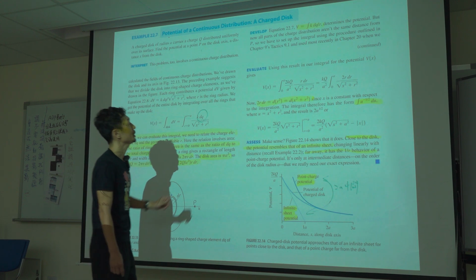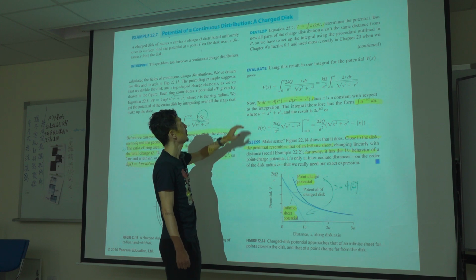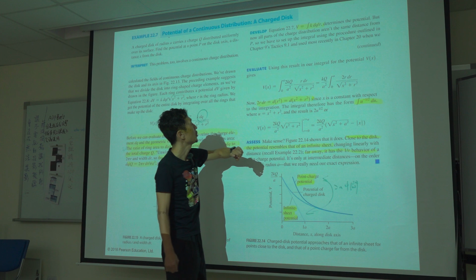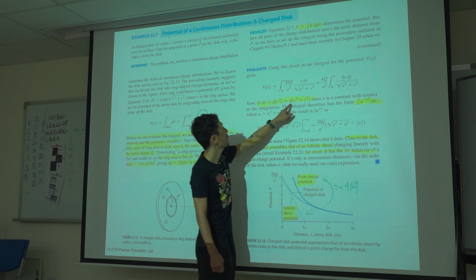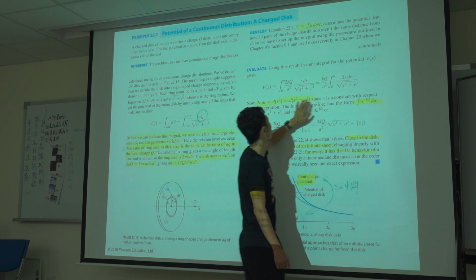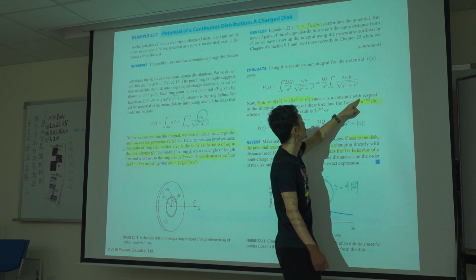Now we need some mathematical technique to integrate. This part is complicated, right? So we replace this part with a new parameter, and then the integral is like this.